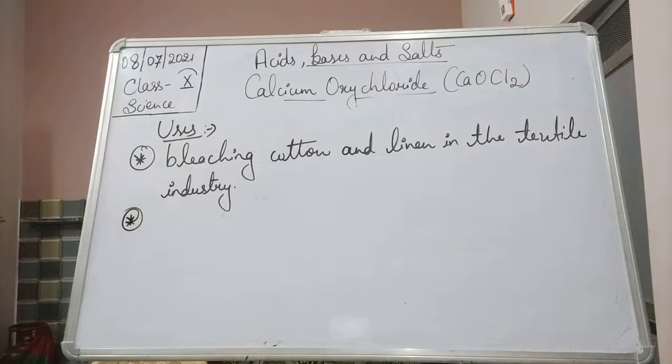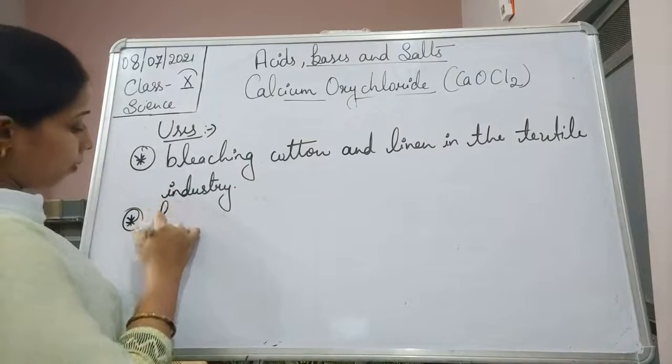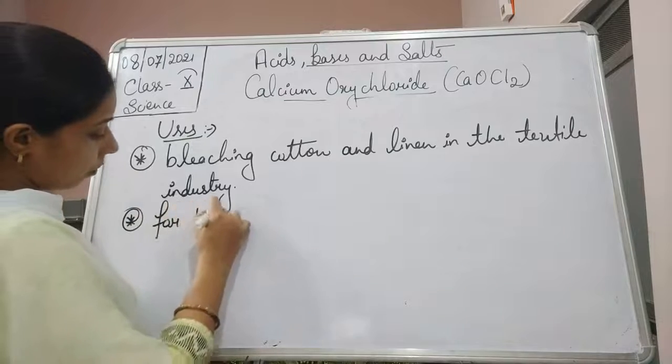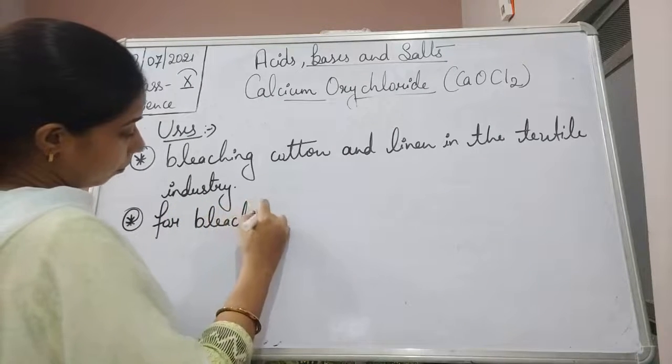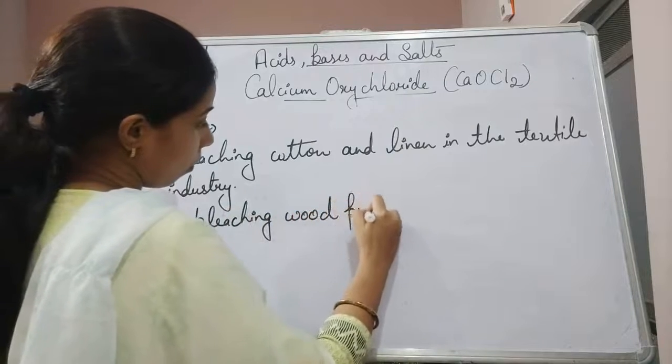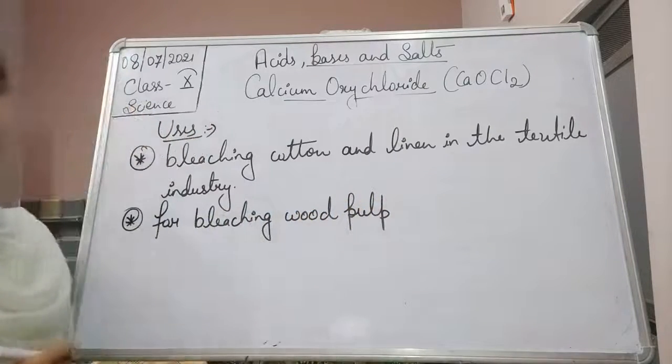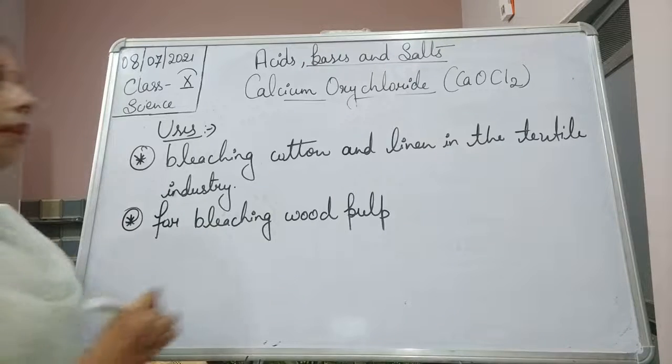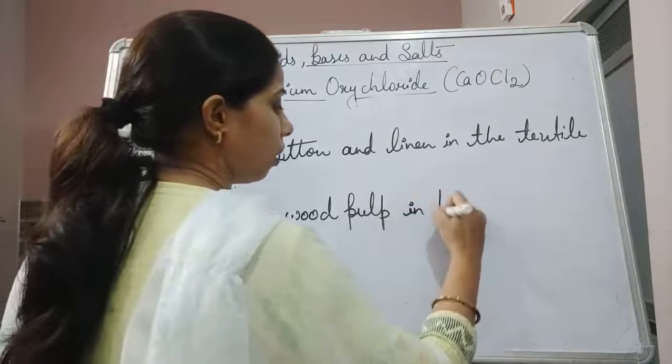Then it is also used for bleaching wood pulp in paper industry.